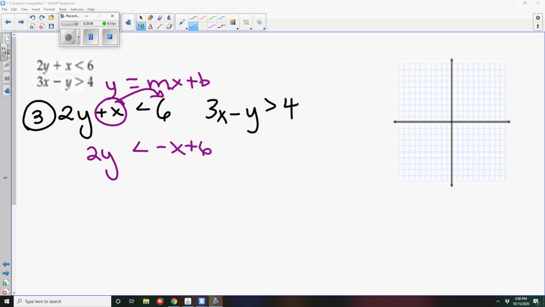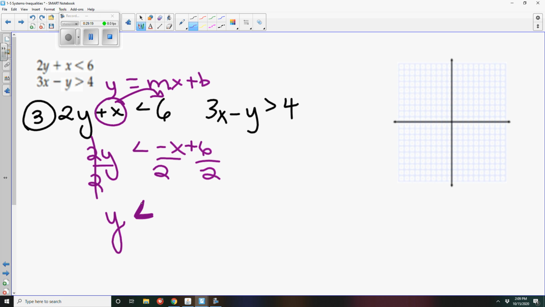Now, what's the last thing we got to do to solve for y? We got to divide everybody by 2. 2, 2, 2. 2's cancel. And now y. And we were asked a great question. Because we divided by a positive 2, am I going to flip my sign? No, because it's a positive 2. We drop down our sign as is, so y is greater than... less than y.